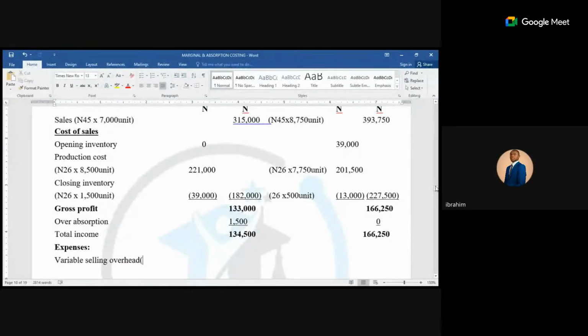So what is it times the sales units? 7,000 units. What do we have? 35,000 naira.